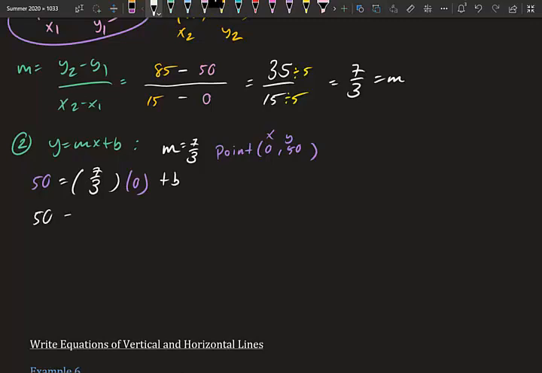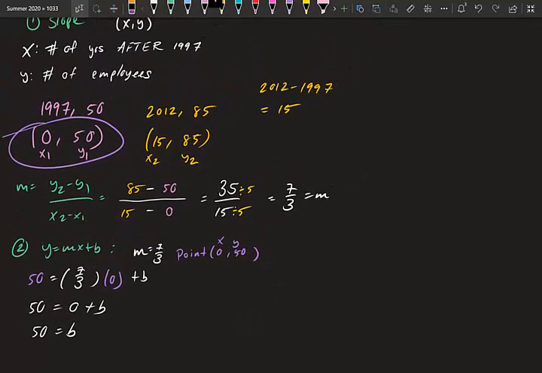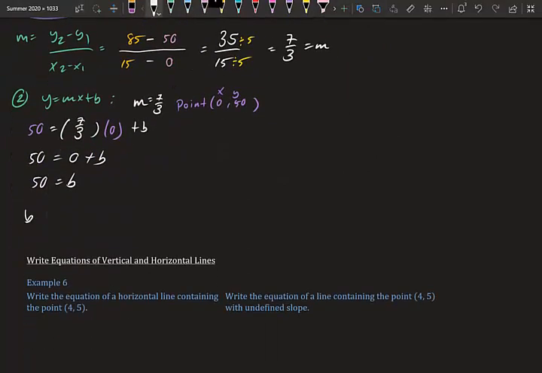So 50 equals 0 plus b. That means 50 equals b. What do you notice? Don't we already have that number of 50 when x is 0? Because remember, this b is the y-intercept. The y-intercept is always where x is 0. We found our b. It's already there.